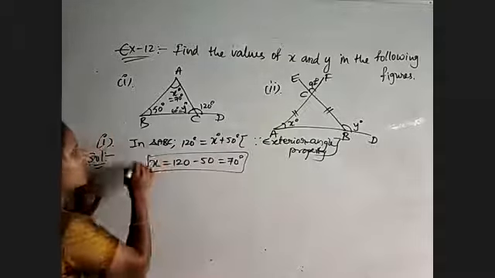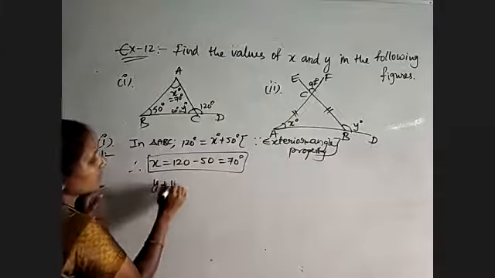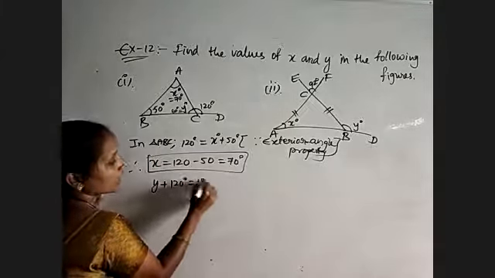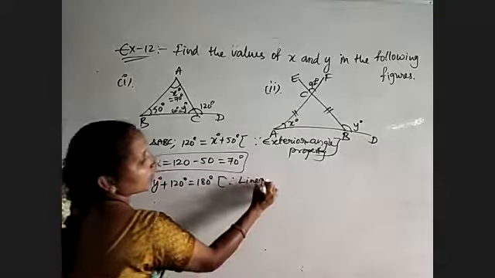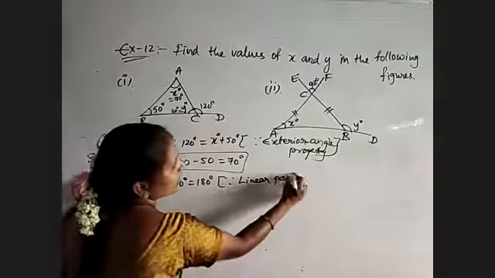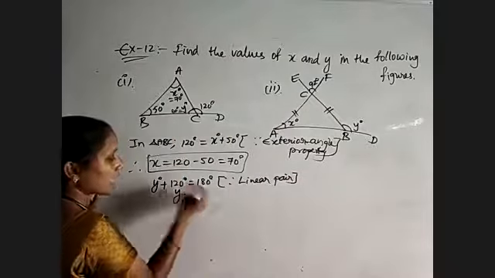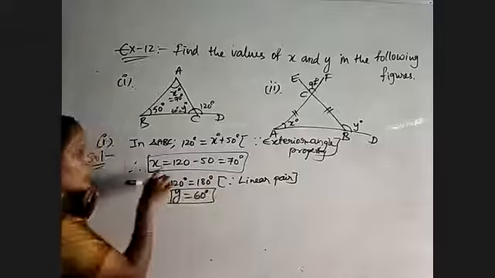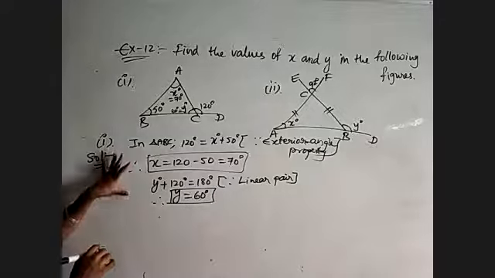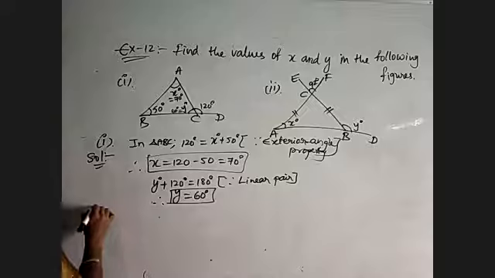And y plus 120 degrees is equal to 180 degrees because they are forming linear pairs. So y will be equal to 180 minus 120, which is nothing but 60 degrees. Directly I am writing the x, y values because it is a simple question. Now coming to the second problem.